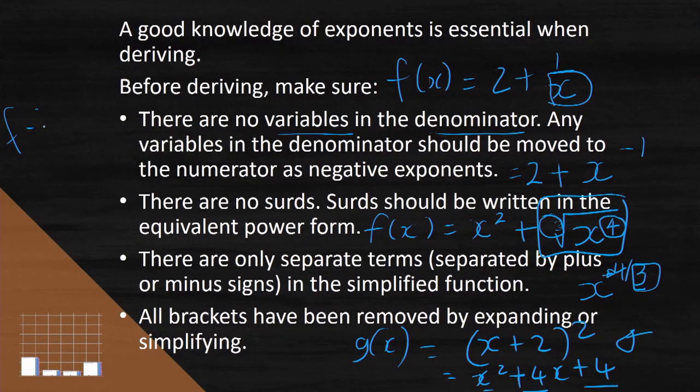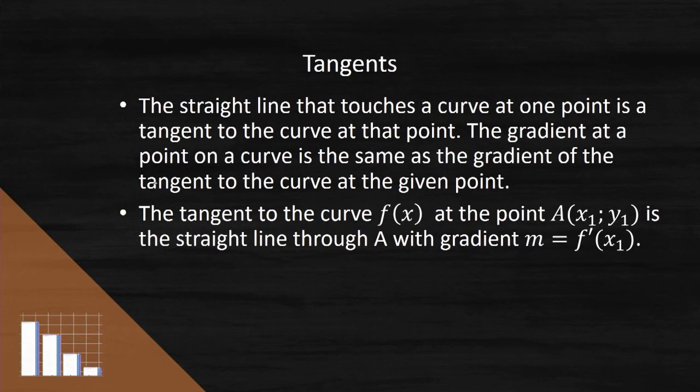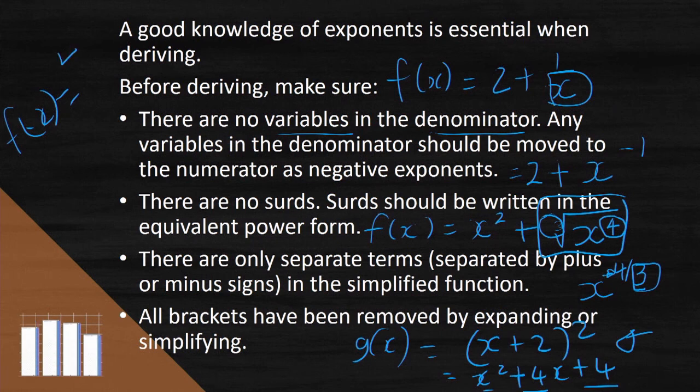If you have a fraction, like we said, no variable in the denominator, if there is a question where you need to simplify, let's just do that quickly. So say I have f of x is equal to 4x squared minus 9 all over 2x minus 3.